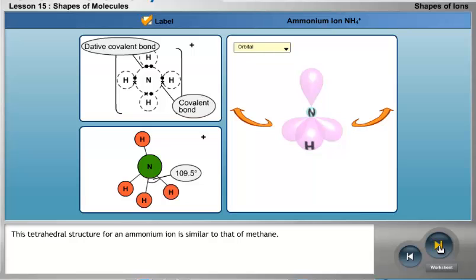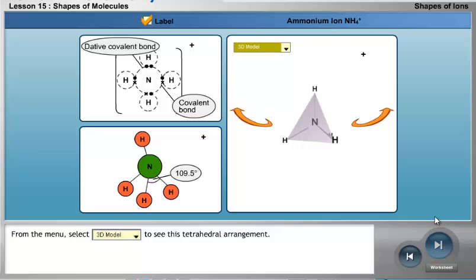This tetrahedral structure for an ammonium ion is similar to that of methane. From the menu, select 3D Model to see this tetrahedral arrangement. Move your cursor over the diagram to rotate the structure.